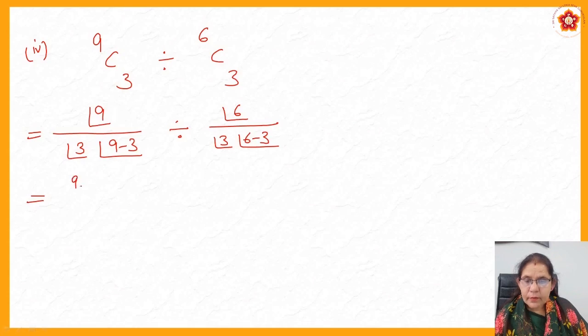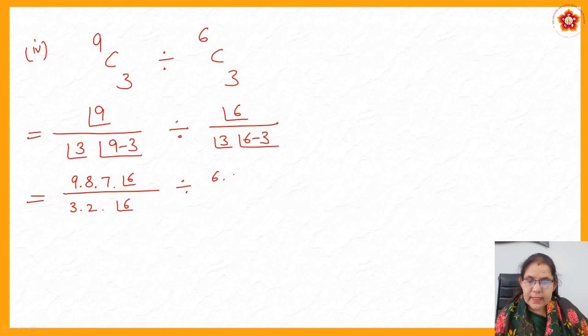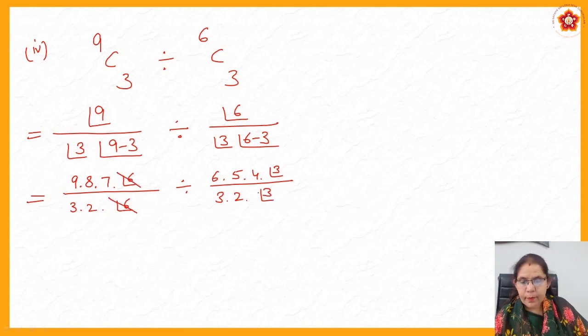So factorial 9 can be written as 9 into 8 into 7 into factorial 6. Factorial 3 is 3 into 2, and here we have factorial 6. Same way, factorial 6 is written as 6 into 5 into 4 into factorial 3, and here it will be 3 into 2 into factorial 3.